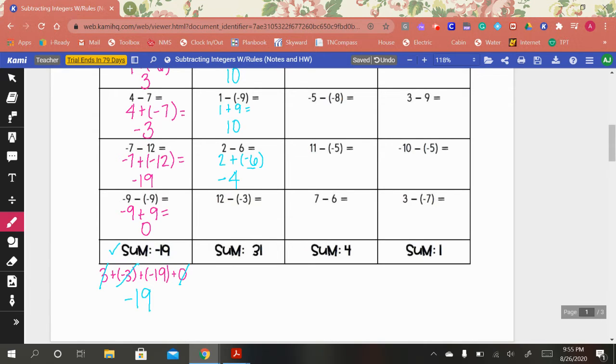All right, friends, last one for this column. We have 12 plus +3. Keep, change. And 12 plus 3 is 15.